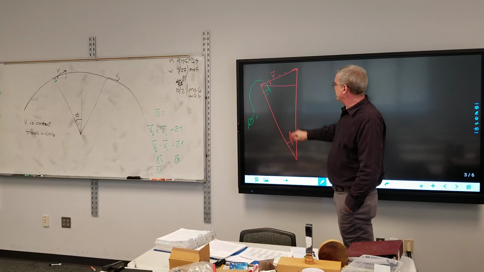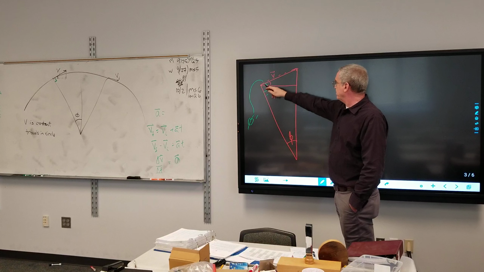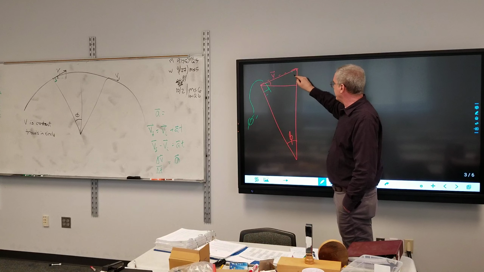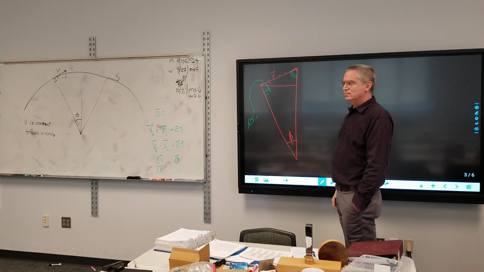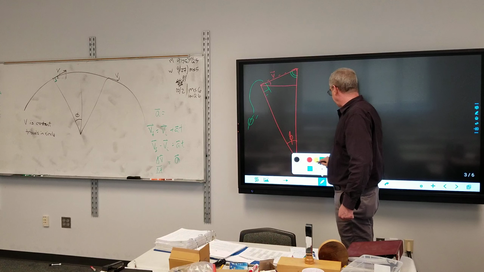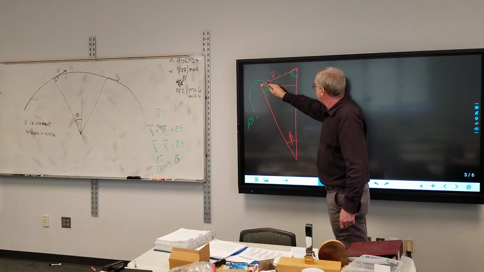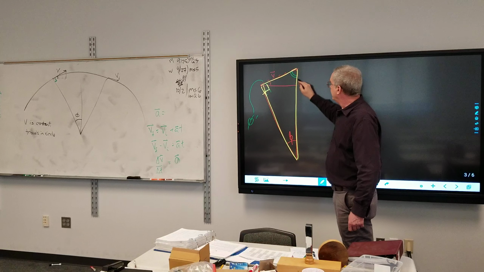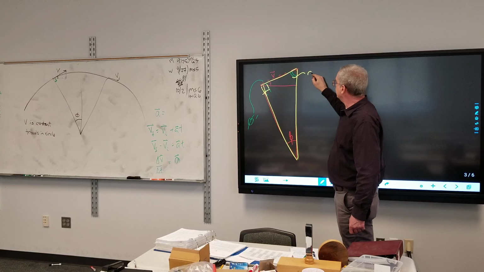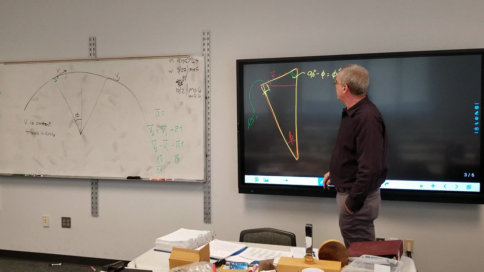All right, so I've got a right triangle here, this bigger one. What would this angle here be? Looking at that triangle, yeah, that would be 90 degrees minus phi prime.